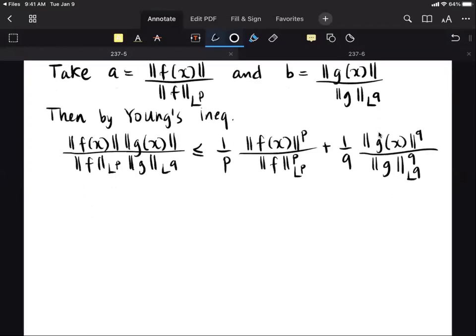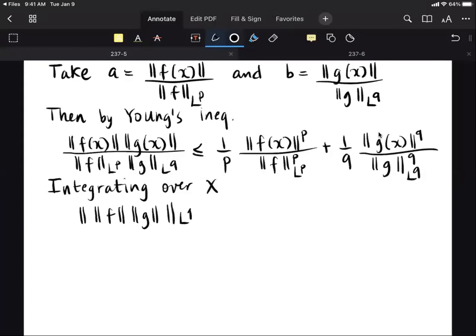Okay, so integrating over x, we would have the following. The integral here of the numerator would be the L1 norm of the product, by linearity of the integral.